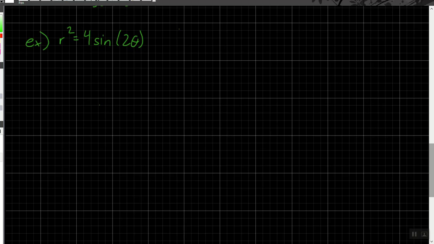Yes, all three. Check all three. So these are the ones you truly do have to check for symmetry. I've checked three things. You have to check over the polar axis, over pi halves, and the pole.